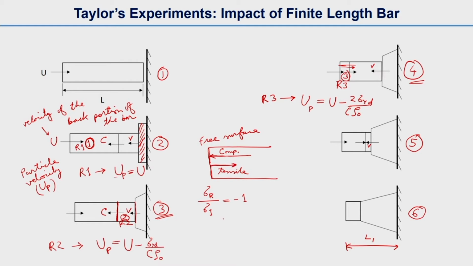However, we also discussed that the ratio of the particle velocity of the reflected wave to that of the incident wave is +1. So whatever the particle velocity is, UPI is for the incident wave and UPR for the reflected wave.